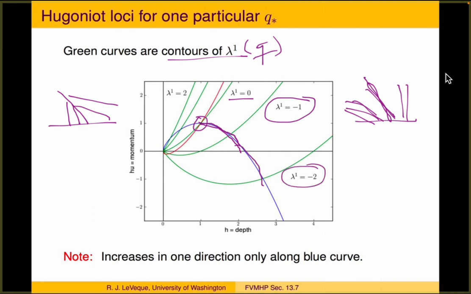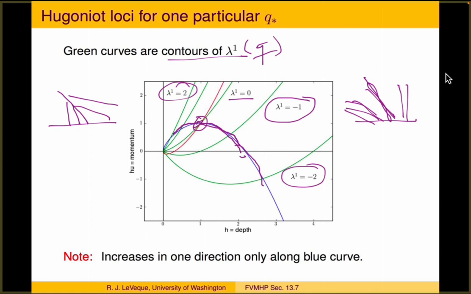Whereas if we move in the other direction along this same Hugoniot locus, then it would be increasing. It goes from 0 to lambda equals 1 and then lambda equals 2. And so if we're trying to decide whether a discontinuity between this point and some other point on this Hugoniot locus is admissible or not, we want to look at how lambda 1 varies between the two states.